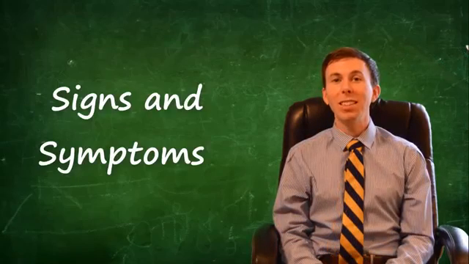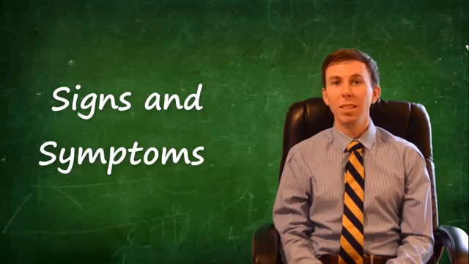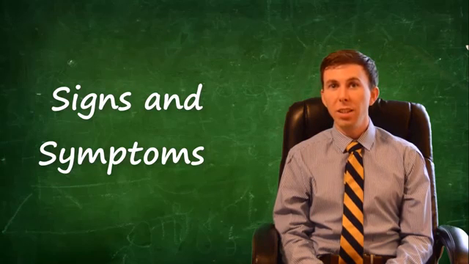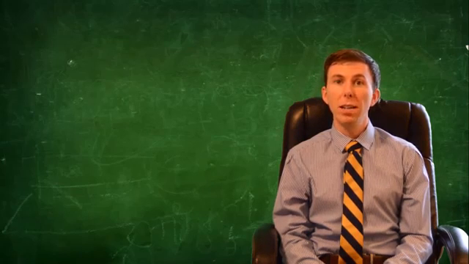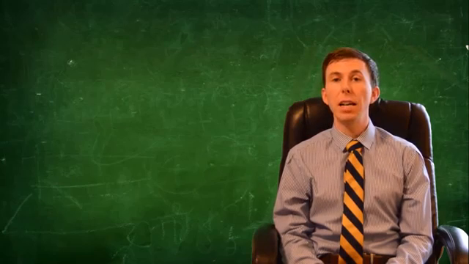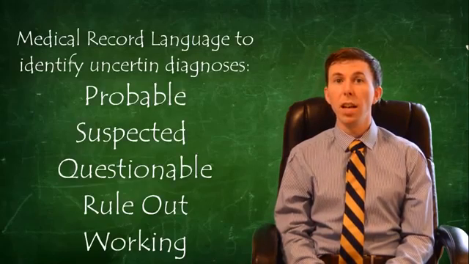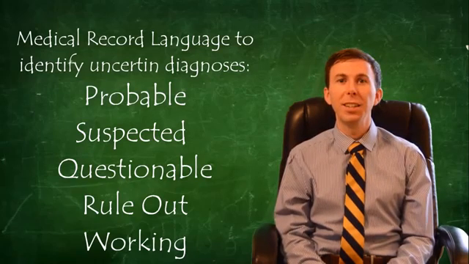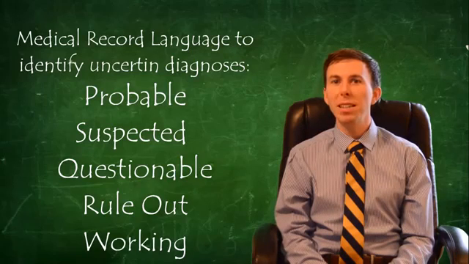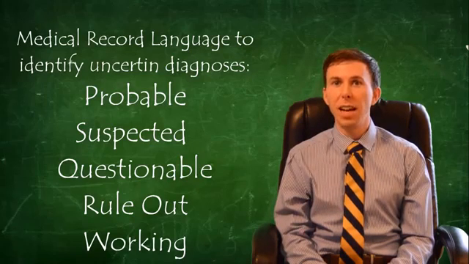Alright, let's talk about signs and symptoms. In the outpatient setting, you cannot code a diagnosis unless it's definitive. You'll know if it's a definitive diagnosis or not when you're reading the doctor's notes. If he says things like probable or suspected, can't be ruled out, stuff like that makes it not a definitive diagnosis.